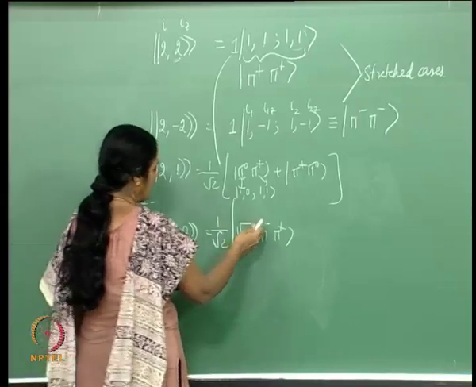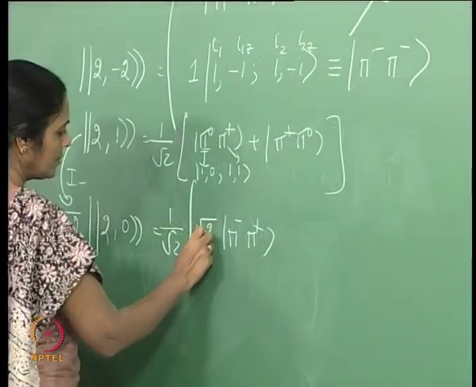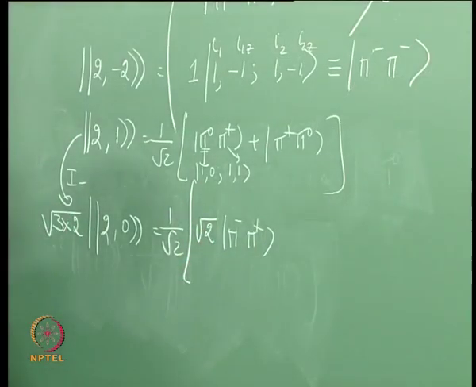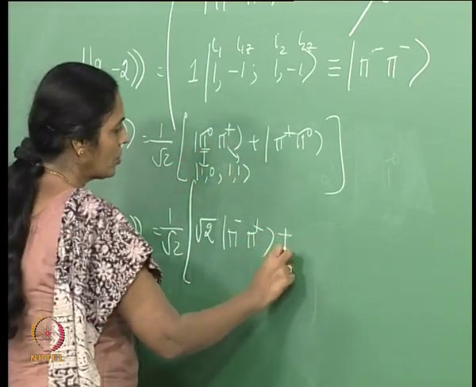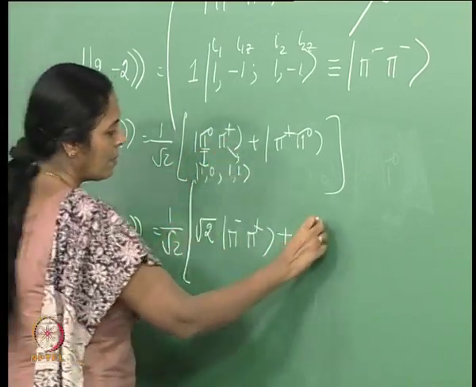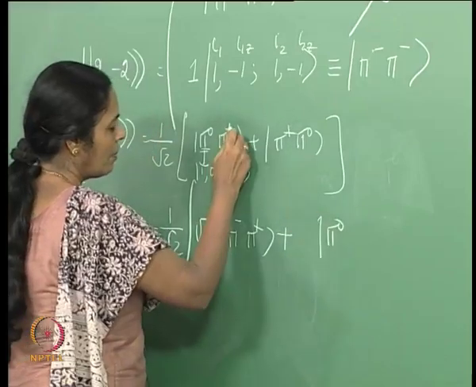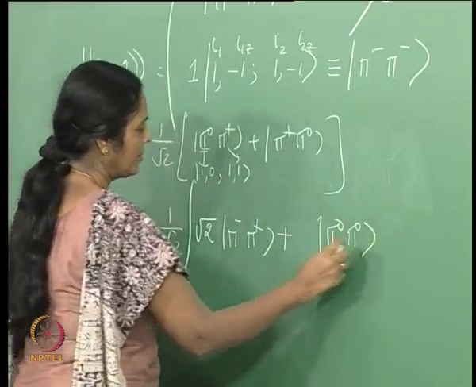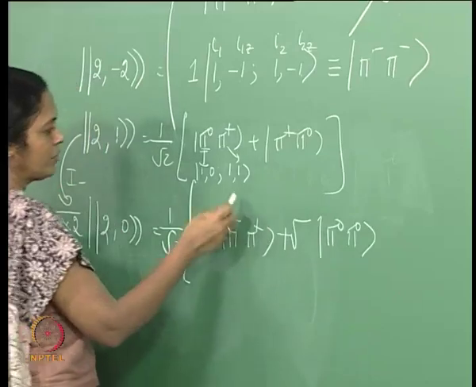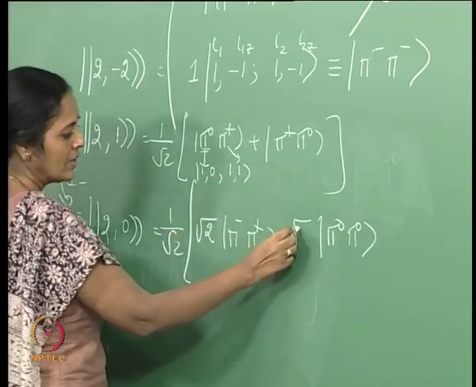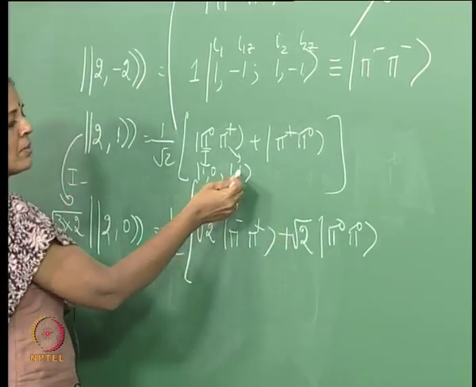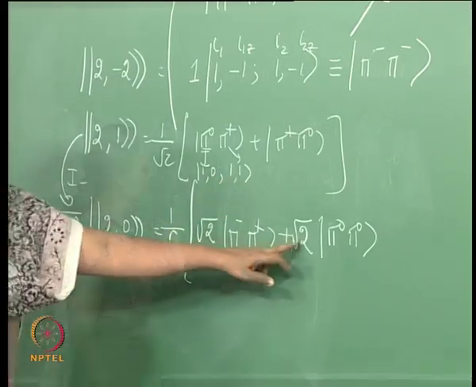So, that is all I have here. Once more, this time pi 0 is unchanged, pi plus goes to pi 0. And what is the overall coefficient? 1 plus 1 times 1 minus 1 plus 1. So, that is root 2 again.